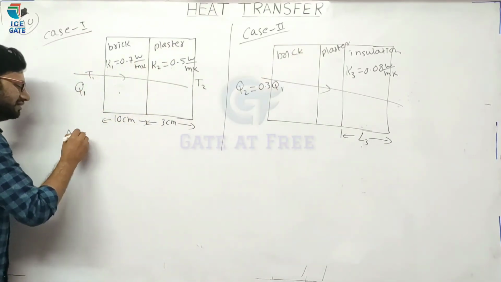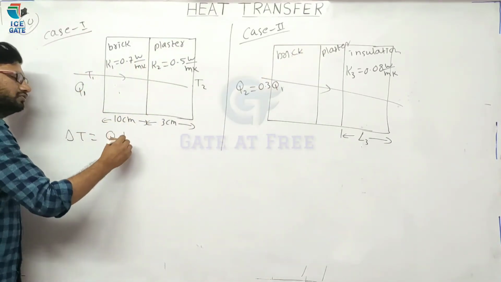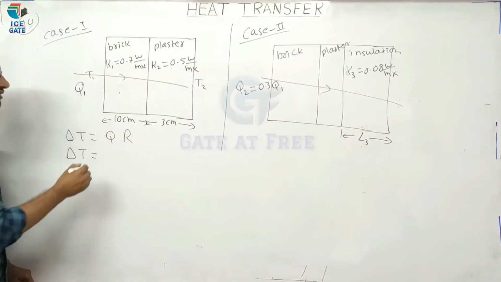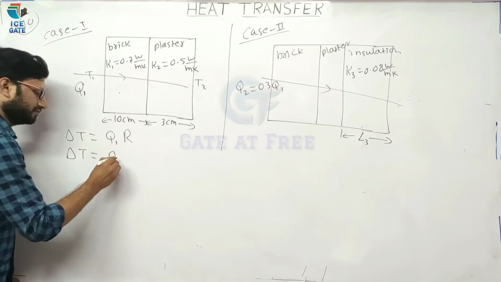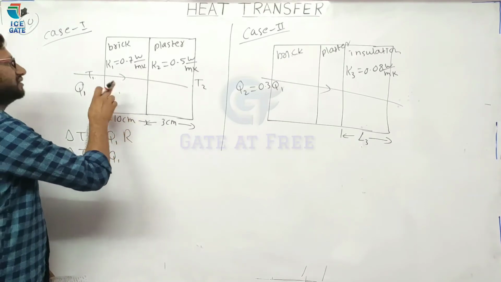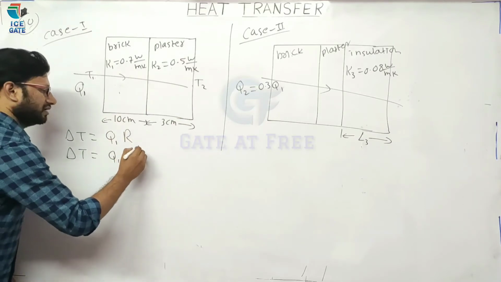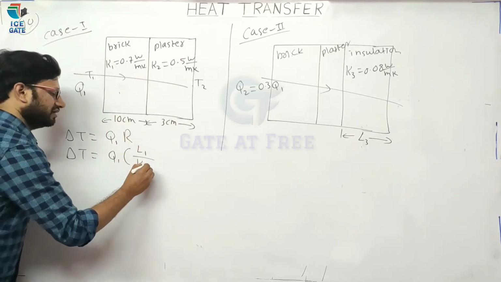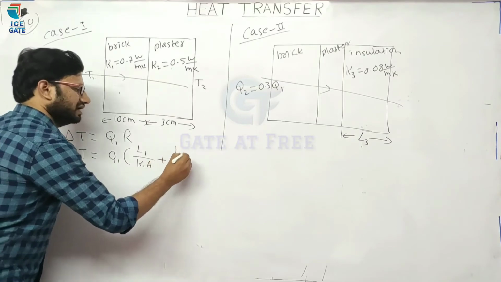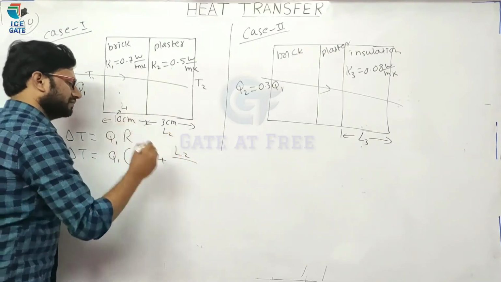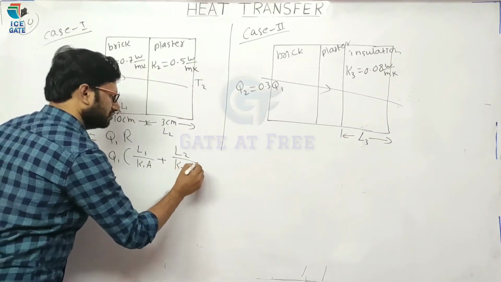Now we know the equation delta T equal to Q into R. Delta T is equal to Q. What is Q here? Q1. Now what are the resistances from T1 to T2? L1 by K1 into A plus L2 by K2 into A, say this is L2 and this is L1.